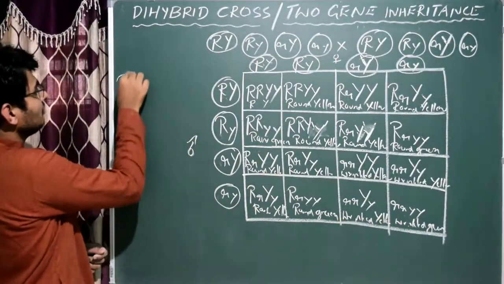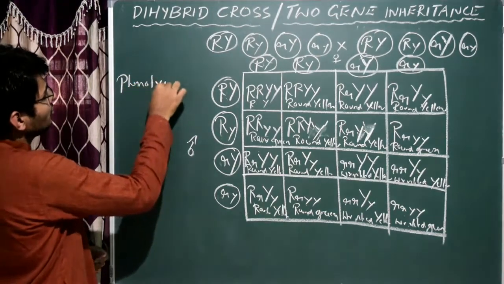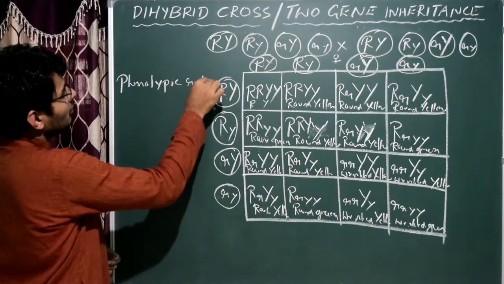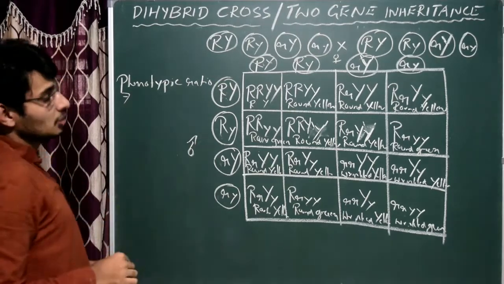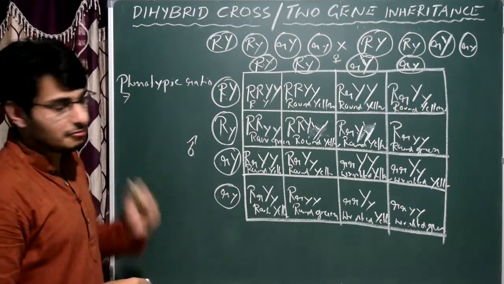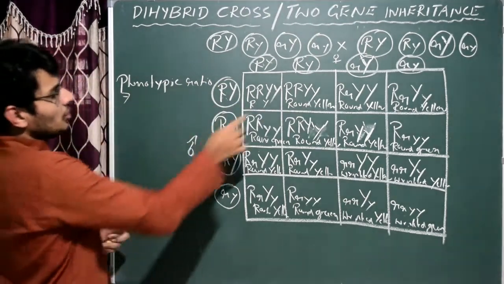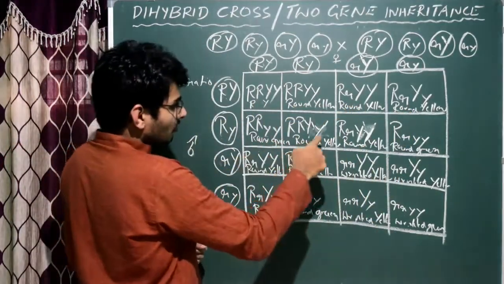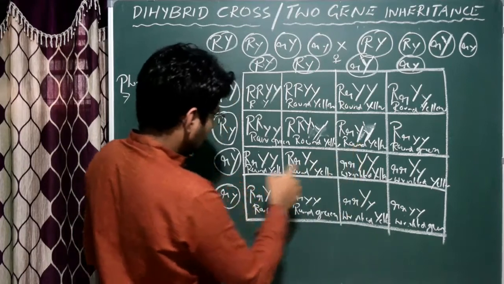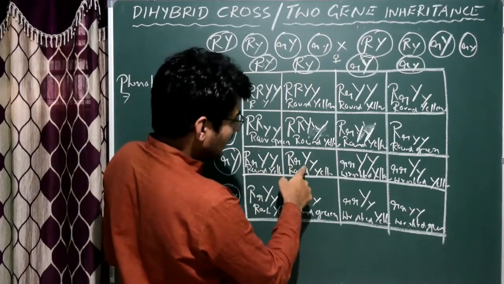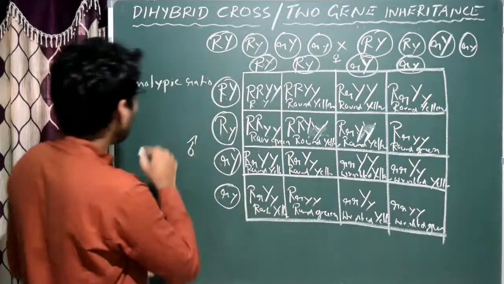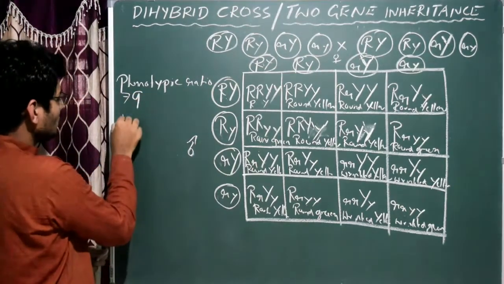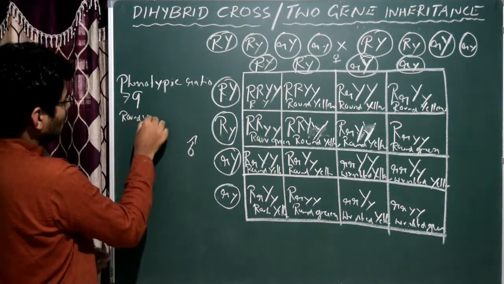I am going to write the phenotypic ratio, which is very, very important. Don't miss this. If you don't write it, you lose half a mark. Be careful. How many round yellows are there? 1, 2, 3, 4, 5, 6, 7, 8, 9. So we have 9 round yellow. Below that I write round yellow.